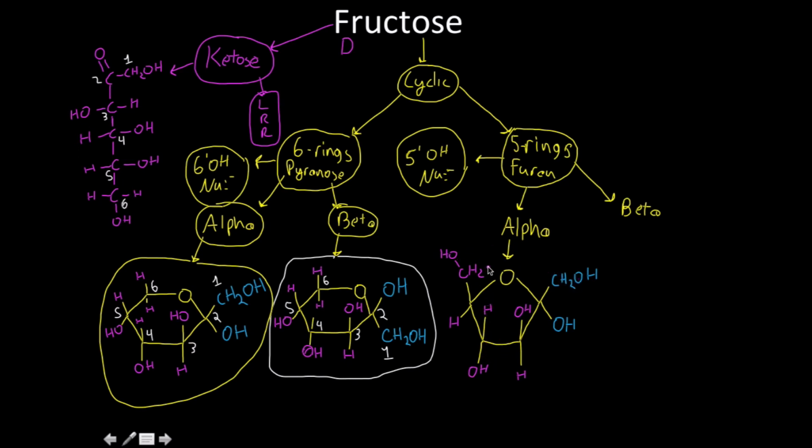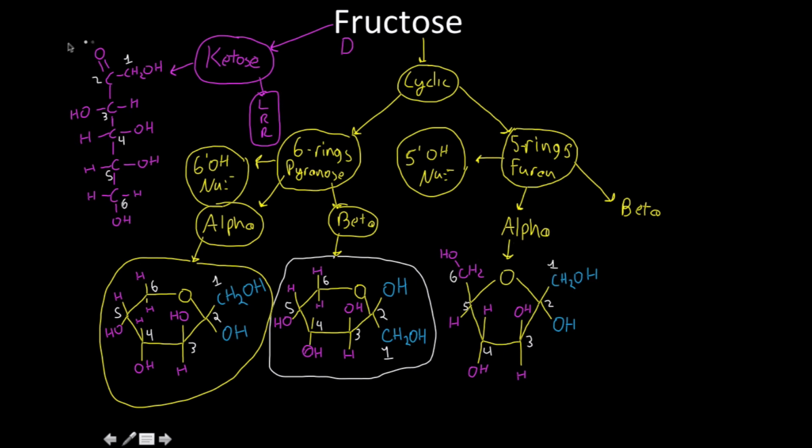I always think of it like it's cis with regards to the methanol groups. They're kind of like both pointing out, holding their hands up, waving hi at you. Happy alpha fructose. Alright, so now let's number them. So this is 1, 2, 3, 4, 5, and 6.